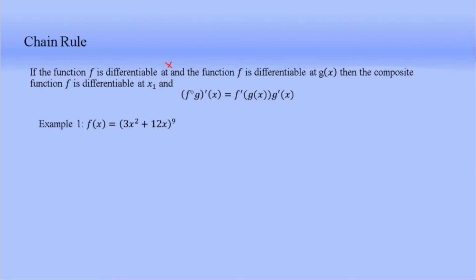First things first, we're going to find the derivative of the first function. So again, let f of x be the first function. The first function is this, raised to the 9th power.